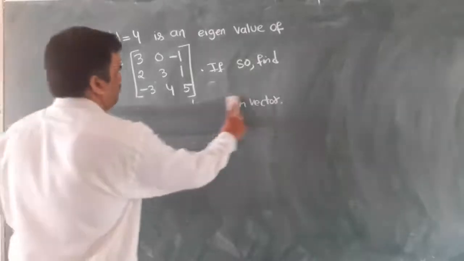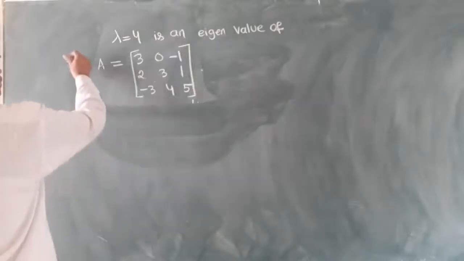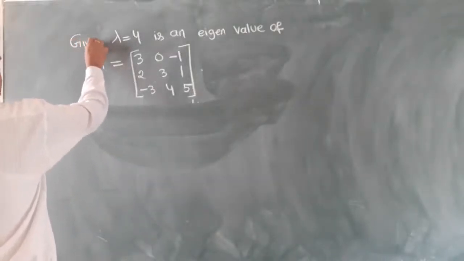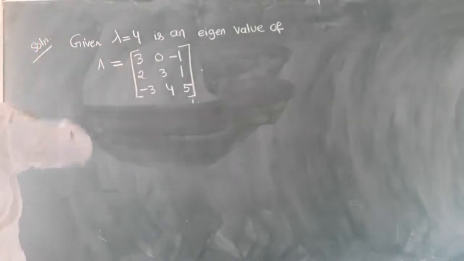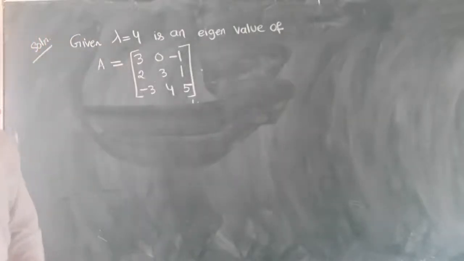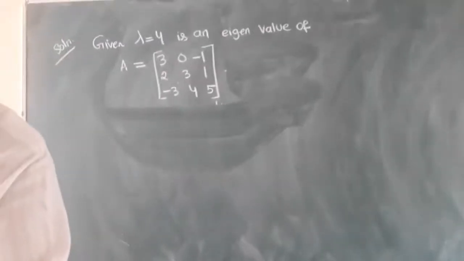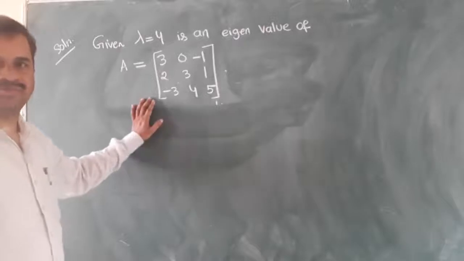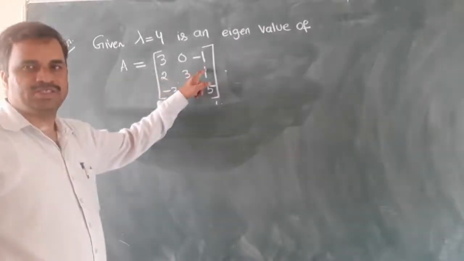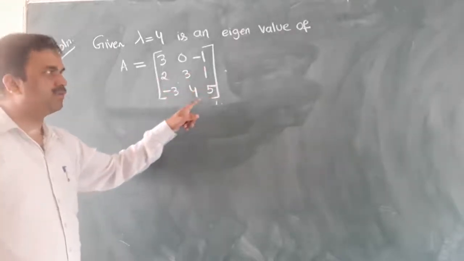Given lambda equal to 4 is an eigenvalue of A equal to [3, 0, -1; 2, 3, 1; -3, 4, 5].